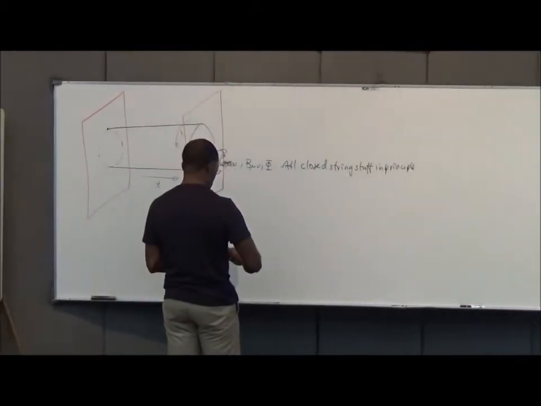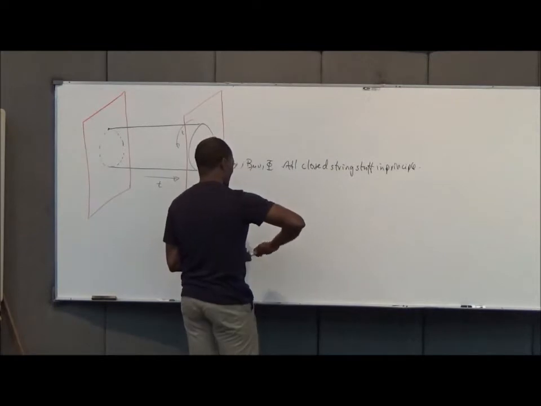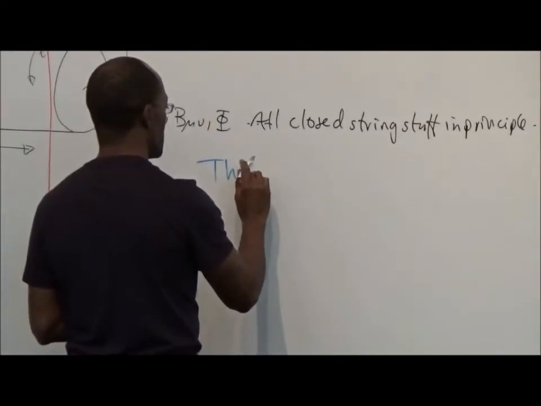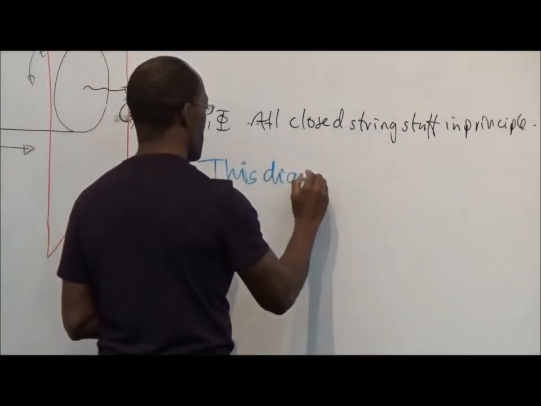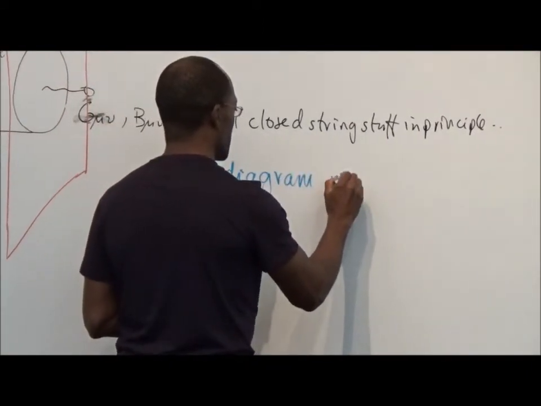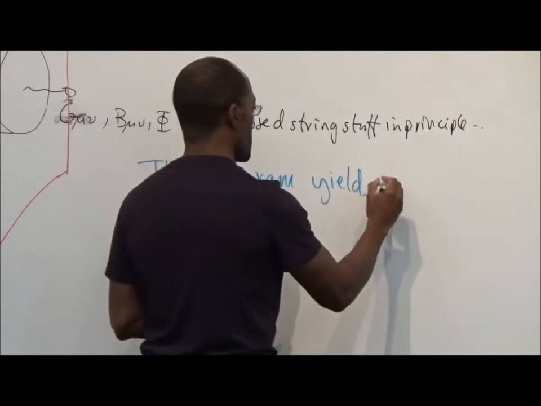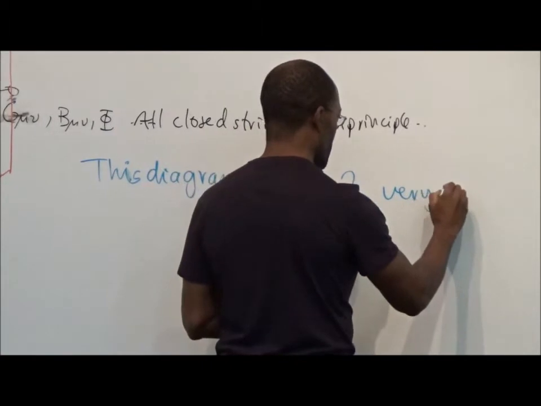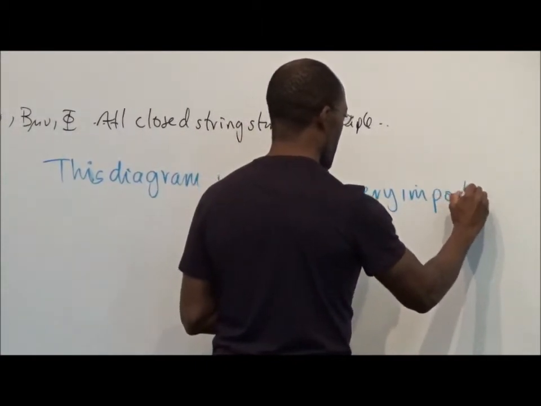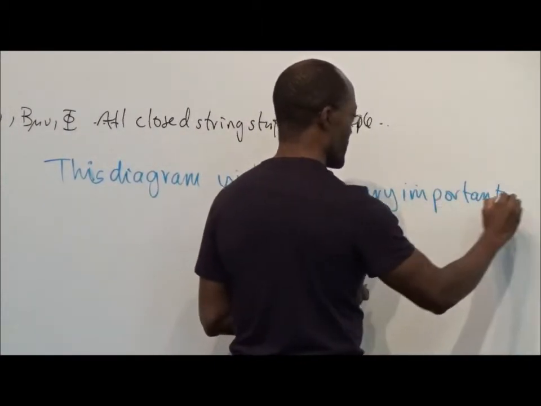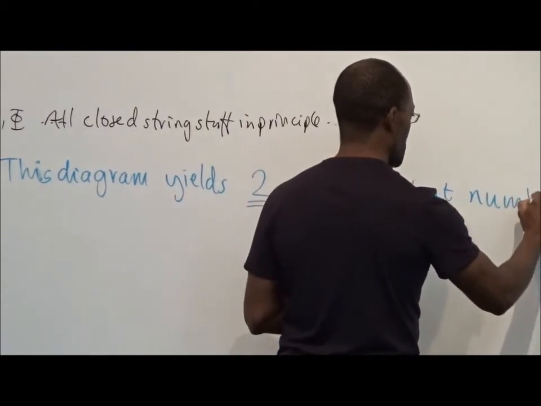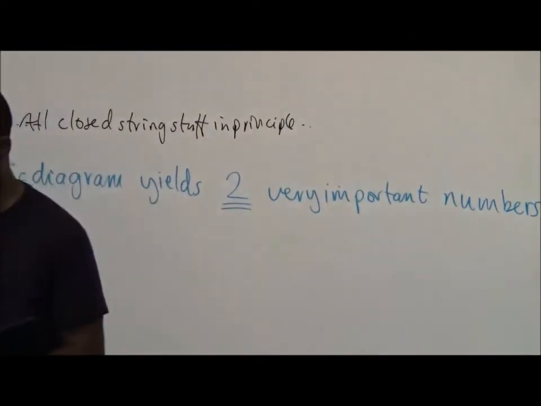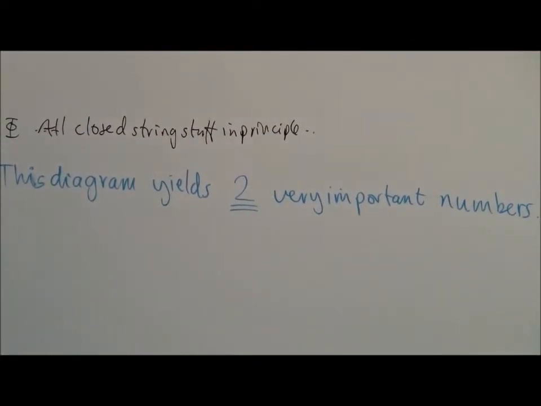So this diagram yields two, actually, very important numbers. And I need to tell you why, and then it links to some other interesting piece of information. So, here's the thing.